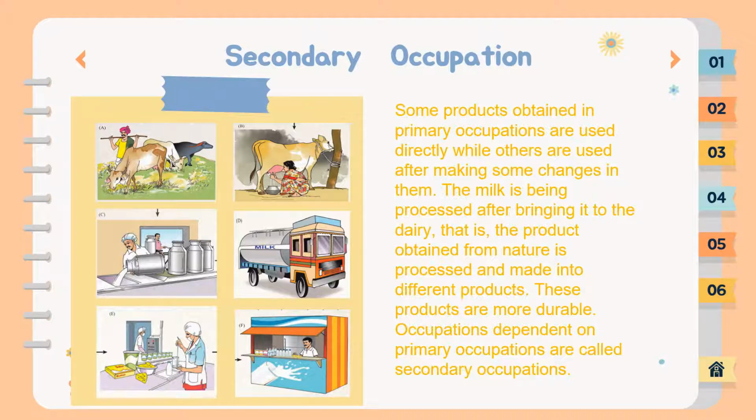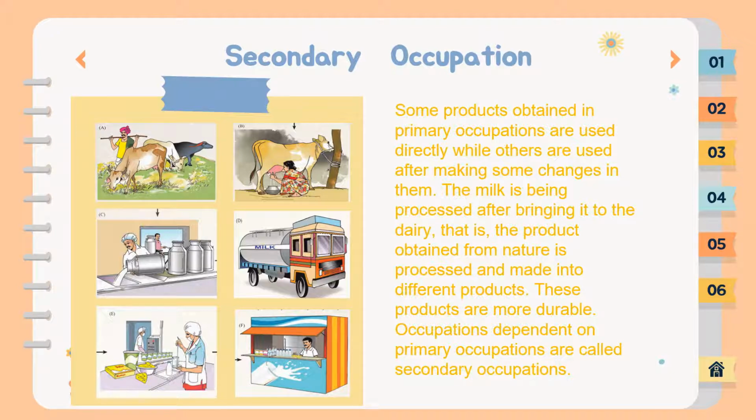Now see picture E. In this picture, the milk is being processed after bringing it to the dairy. That is, the product obtained from nature is processed and made into different products.